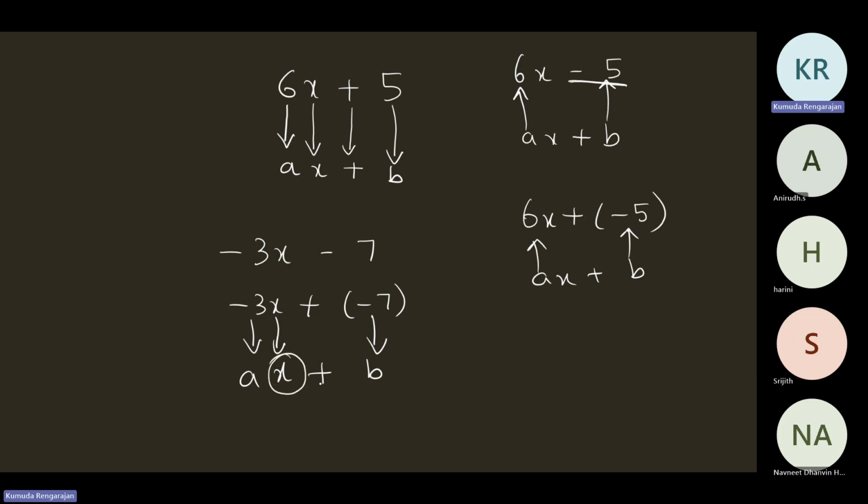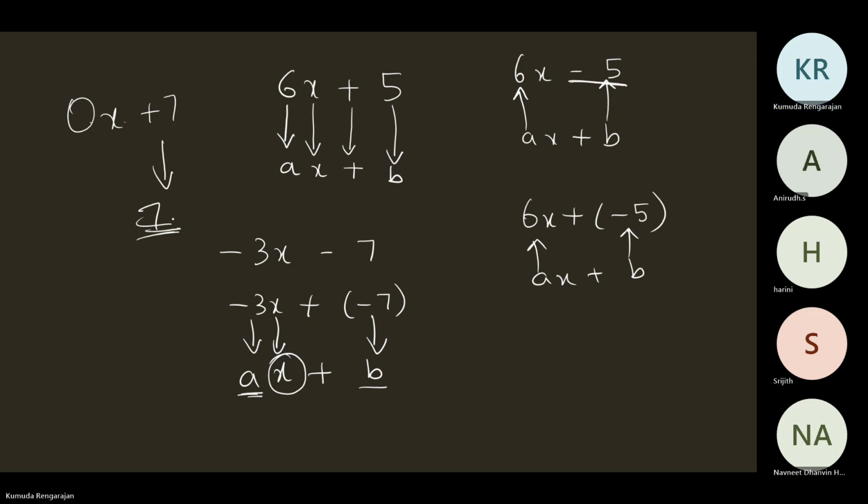Now we have some conditions. A and b can be any real number, any real value. But a should not be 0 because, look at this example. If I say 0x plus 7, 0x is 0. That means this is only 7. Then how do you call it a linear expression in one variable x? There is no variable at all.